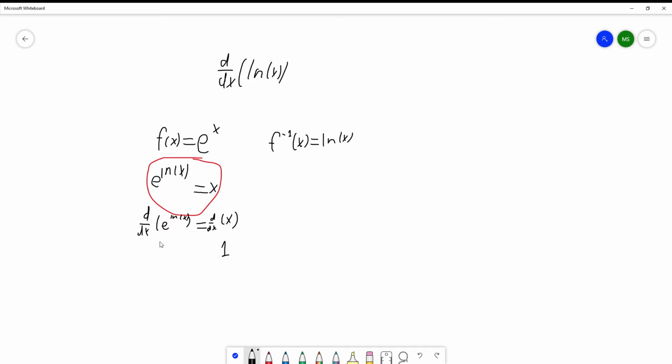The derivative of this will be, following the chain rule, e to the ln x, but we multiply by the derivative of what is over here, which is ln x. So that's going to be d dx ln x equals 1.